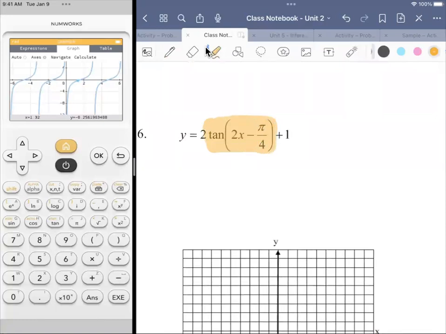So I'm going to pull this out and look at it. It's going to be the same as saying sine of 2x minus pi over 4 over cosine of 2x minus pi over 4.